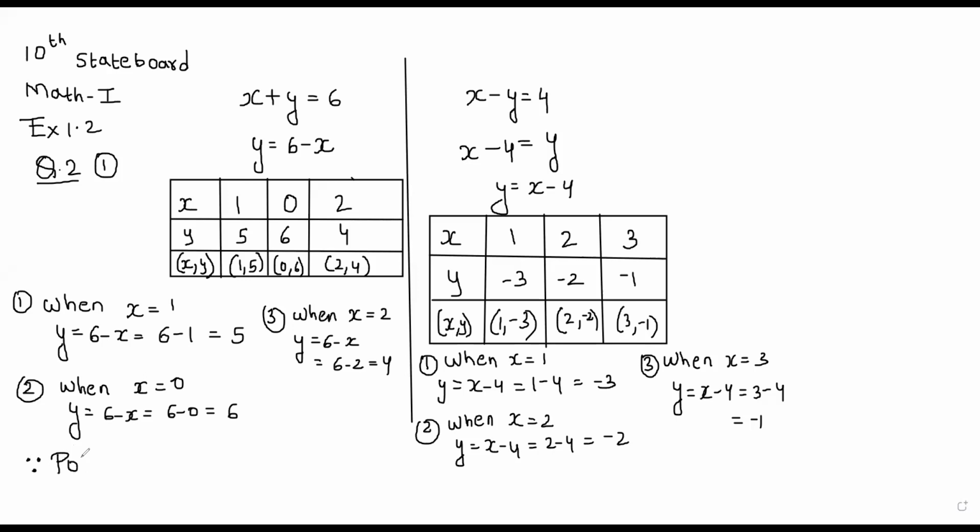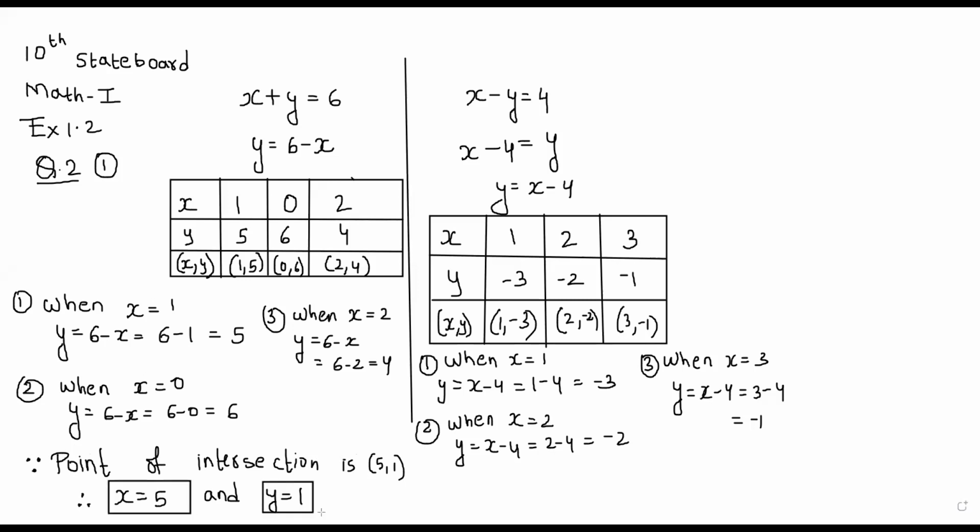Since point of intersection is 5 comma 1, therefore x is equal to 5 and y is equal to 1. This is our final answer, our final solution.